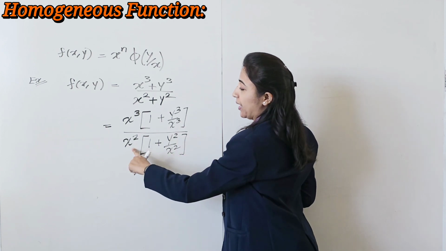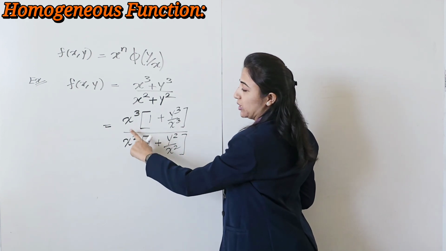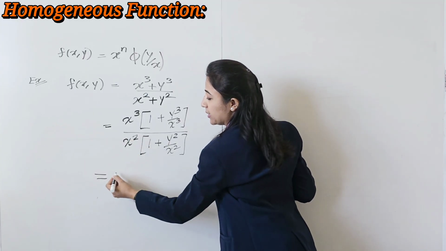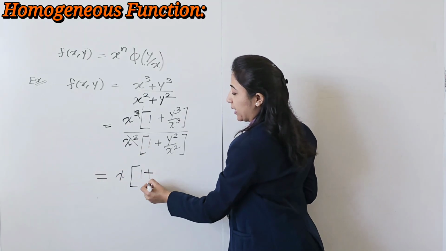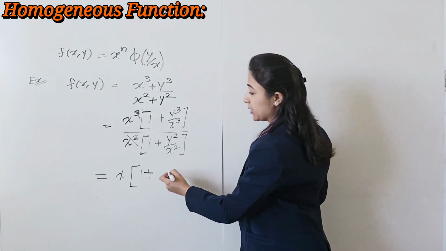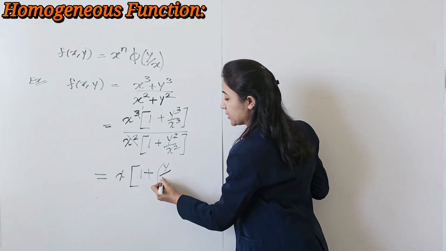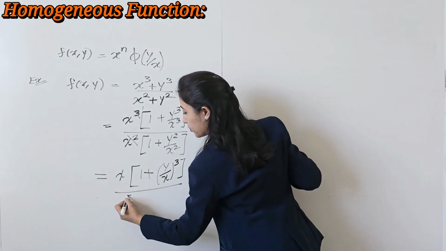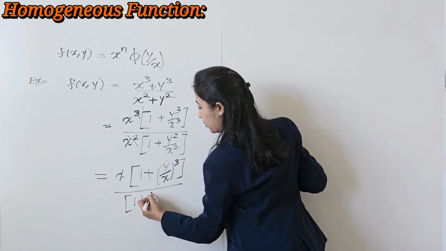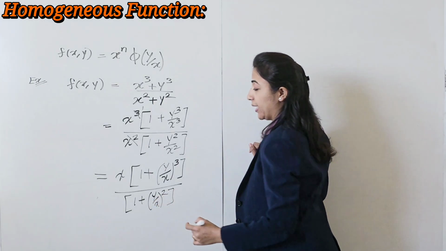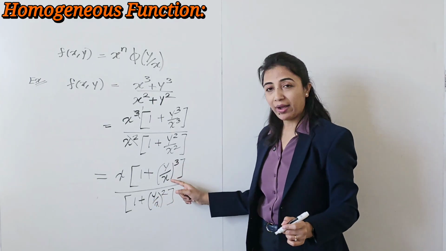Now this x square gets cancelled out from x cube, so here the remaining is x. 1 plus, can we write y cube by x cube combinedly as a whole cube? Yes, it is y by x whole cube, and the denominator is 1 plus y by x whole square. Can we say that this is a function of y by x?